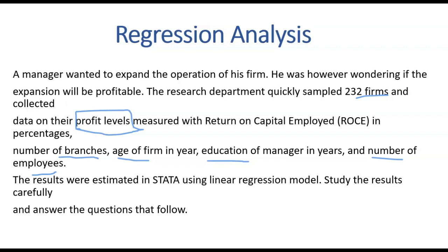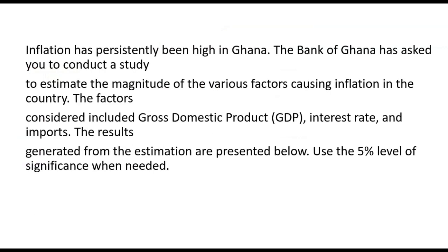So the profit level will be our dependent variable, and these factors will be our independent variables because the research is depending on the profit level. Okay, so let's look at this scenario and see if we understood the meaning of dependent and independent variable.